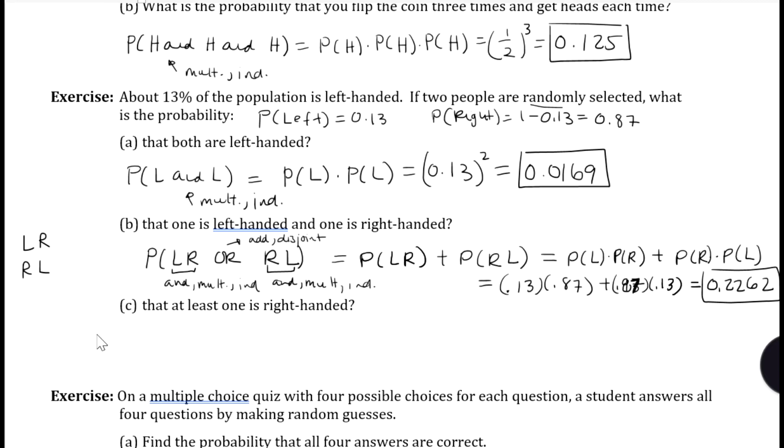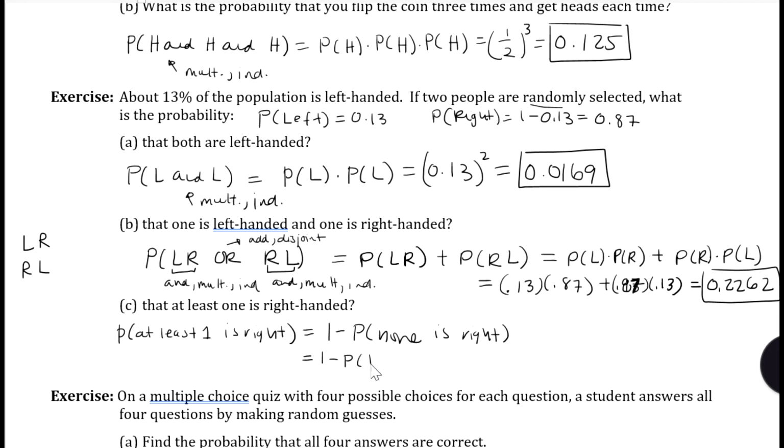Okay? So the probability that at least one is right-handed is, using the formula, 1 minus probability that none of the two is right-handed. Okay? So again, we've got to think about what it means to be none is right-handed.